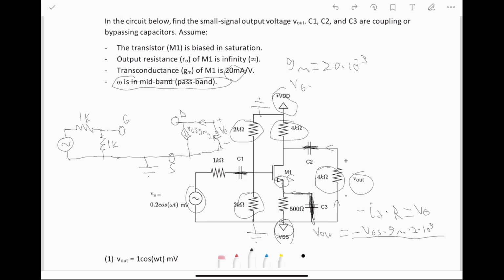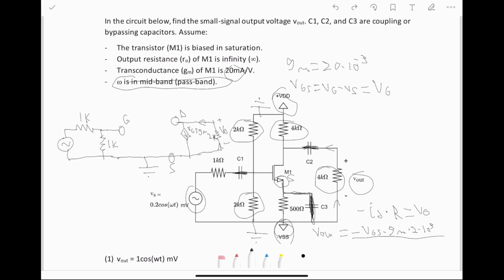VGS is going to be equal to VG minus Vs, but we know that Vs is equal to 0 because this is a common source. The source is grounded. So this is actually just equal to VG. And VG is just going to be the output of this 1 kilo ohm voltage divider.